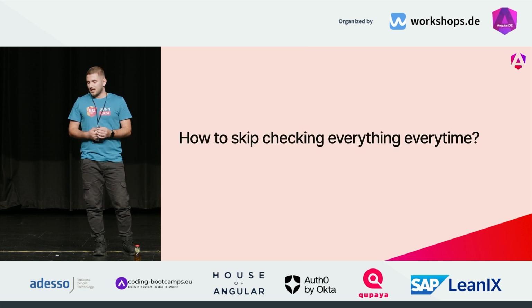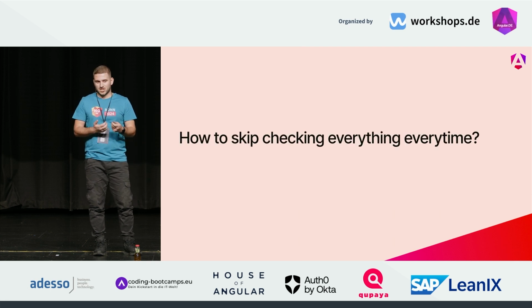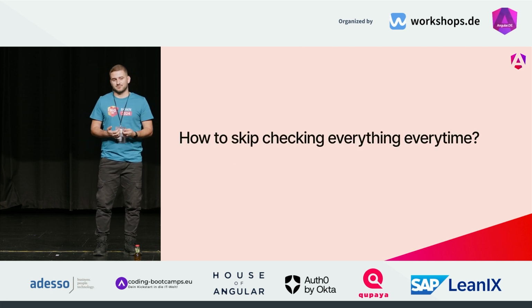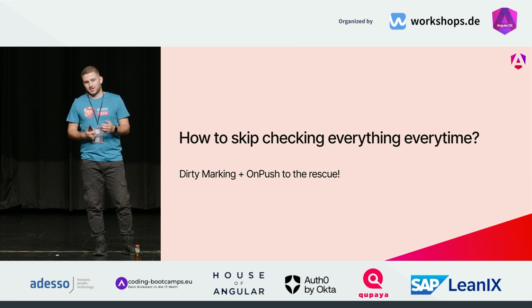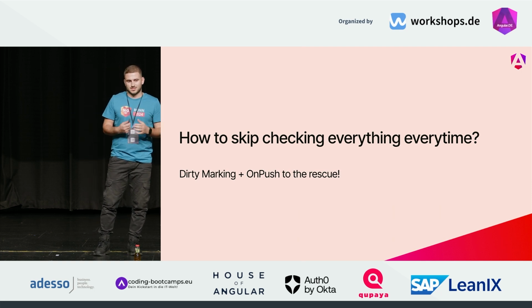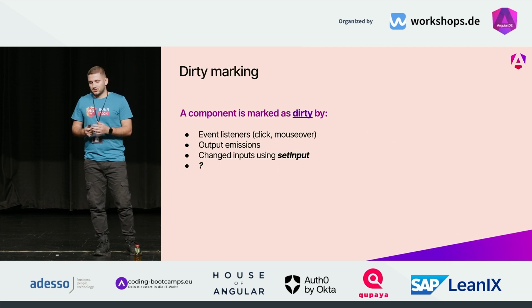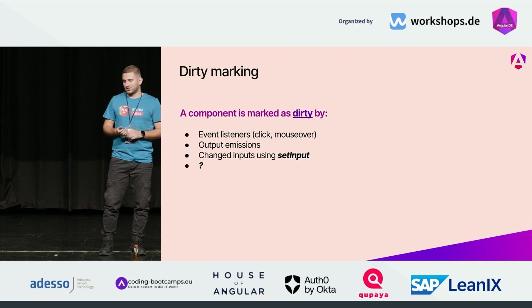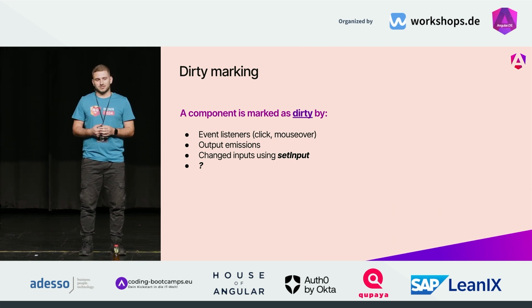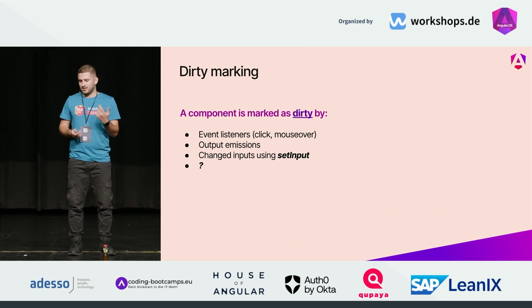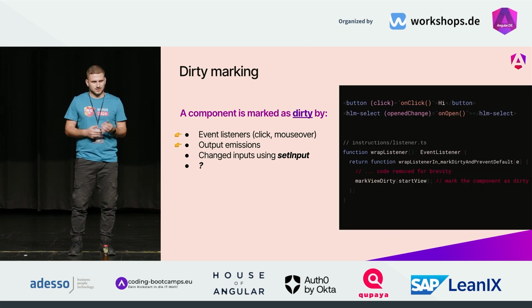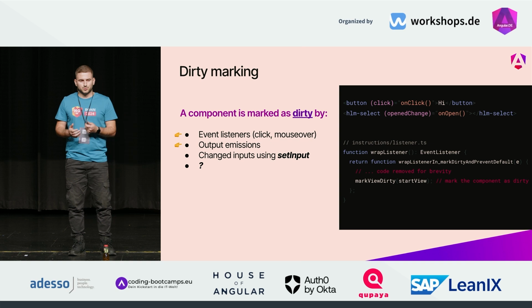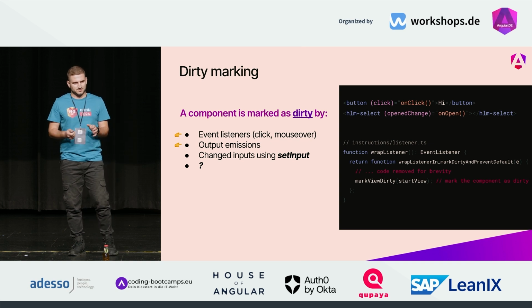So how to skip checking everything every time? Well, dirty marking plus OnPush to the rescue. Dirty marking is a concept we use in Angular a lot. A component is marked as dirty by event listeners like click, mouse over, or output emissions. They use the same mechanism under the hood.